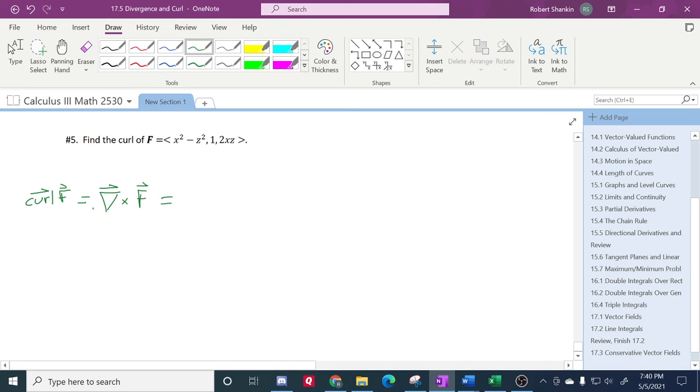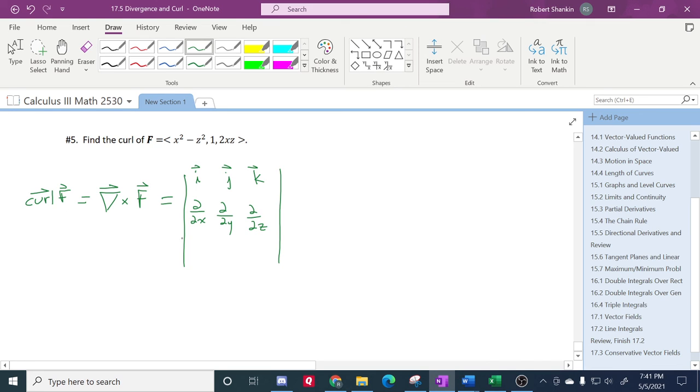When you do a cross product of A cross B, you put ijk across the top. You put this A in the middle row: the partial with respect to x, partial with respect to y, partial with respect to z.